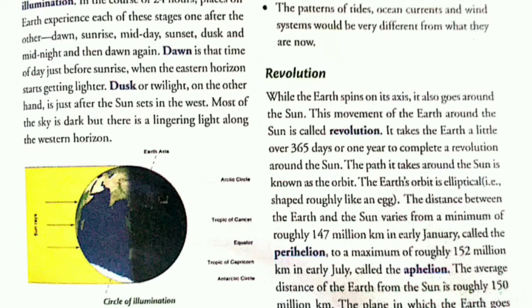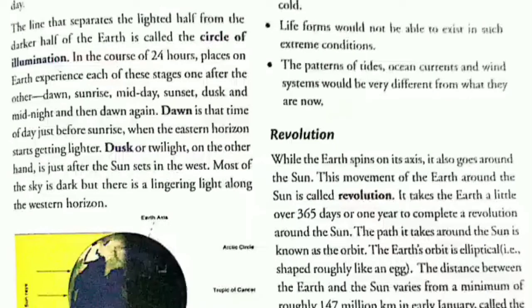Here the figure is also shown. The circle of illumination divides the earth into two halves. The first half of the earth, which receives the sunlight, has day, and the other half of the earth which does not receive sunlight has darkness or night.